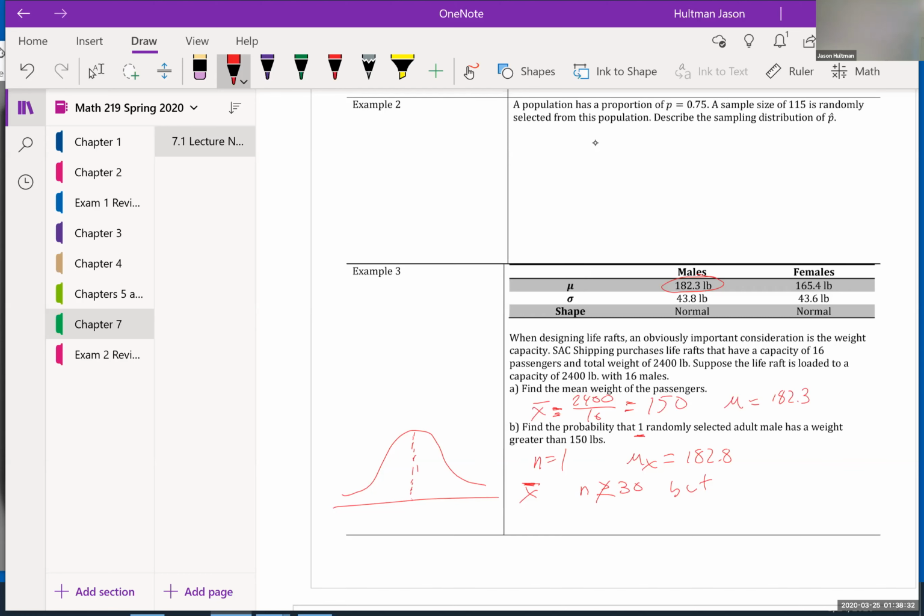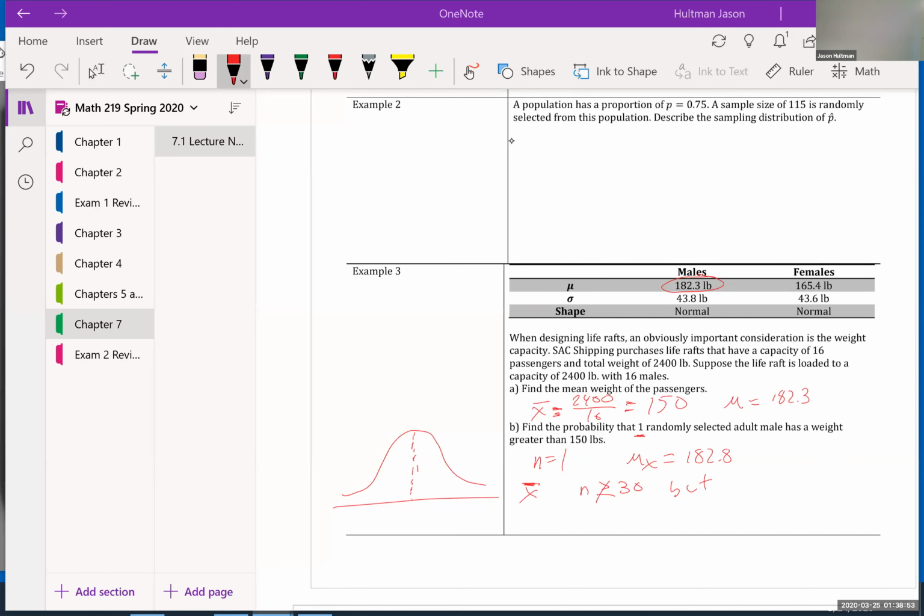Okay, so it's correct, I think. Yeah, mu x. Okay, so obviously there's a question on this, right?